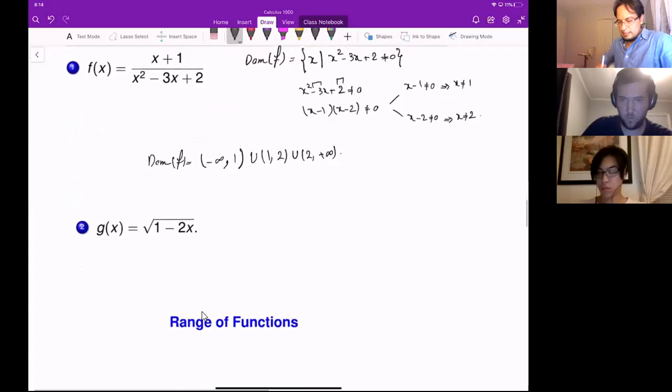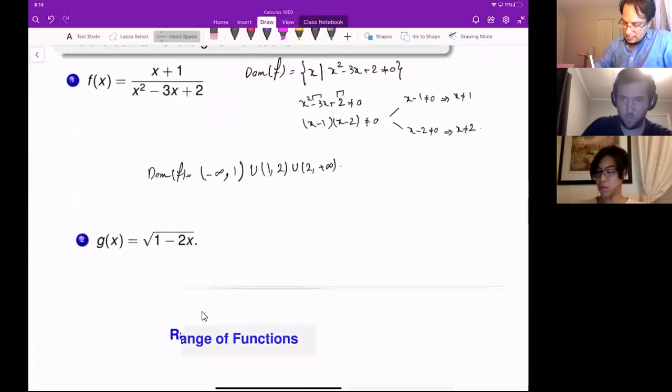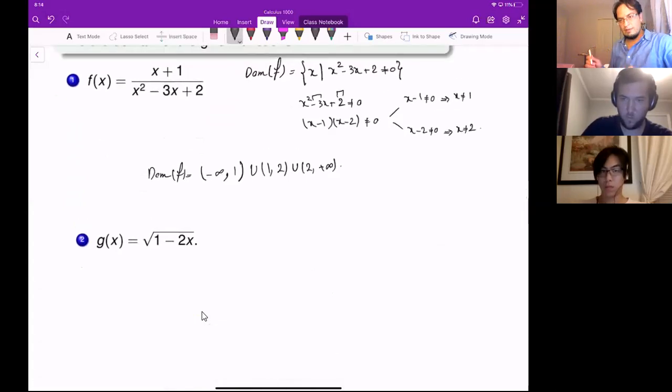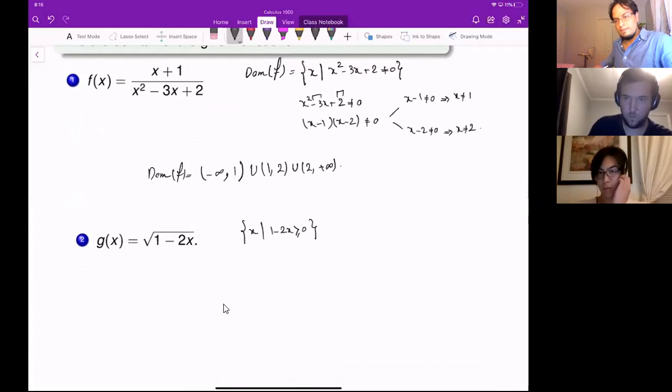How about the function g in this case? Okay, for g, we have a square root, so we have to make sure that we are only picking values of x for which the expression under the square root is non-negative, either 0 or positive.